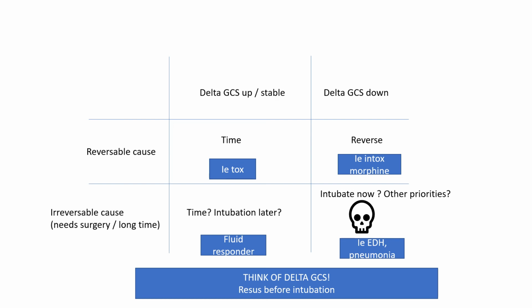If however the delta is going down and it's a reversible cause, then you should probably think about reversing the thing. Most often that would just be giving naloxone to a patient, usually not 0.4 milligrams, but maybe 1/10 of that, given in incremental doses so that they don't just run out of the department.